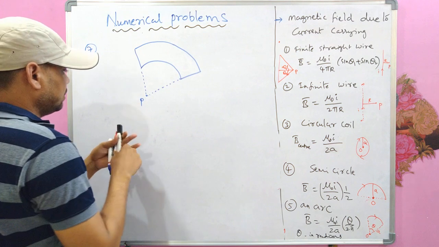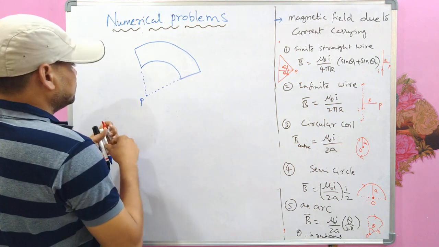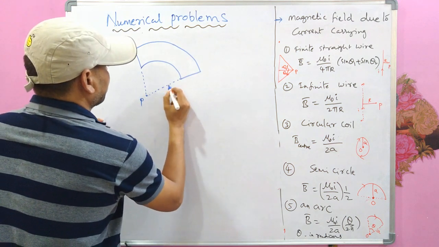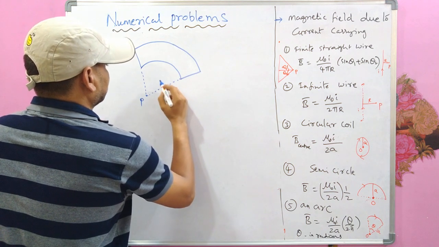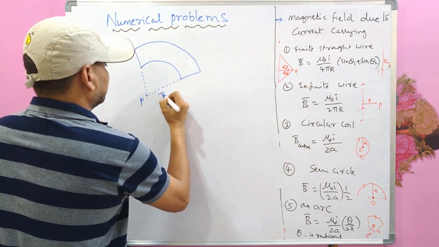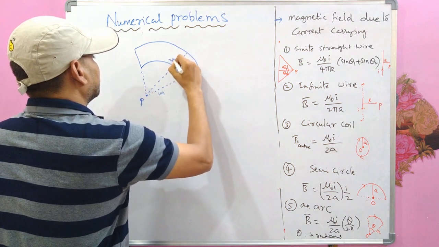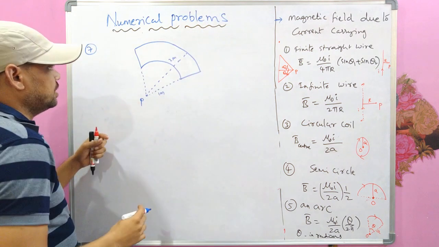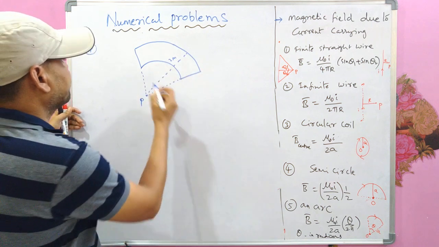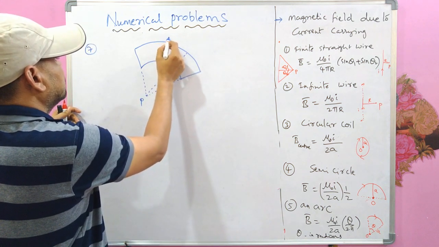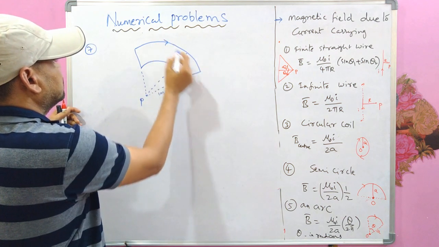Just the center of it. So let me take this as some 1 meter inner and 2 meter outer arc. So the current direction is like this.